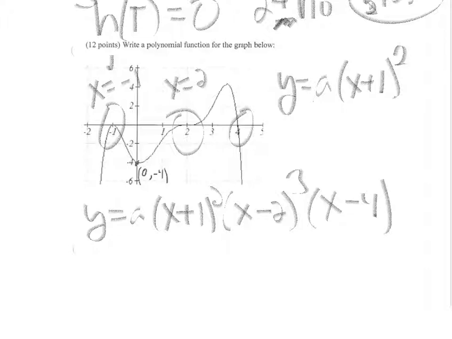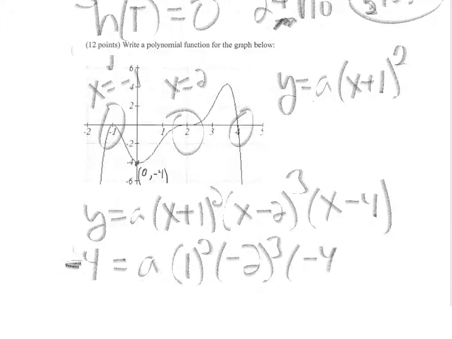And if I substitute in 0, do I get negative 4? Hardly. So negative 4 equals some number a times, now I'm substituting in 0 for all those x's, 1 squared times negative 2 cubed times negative 4.